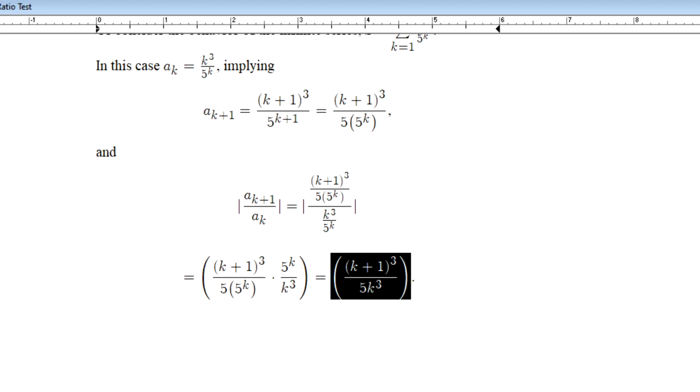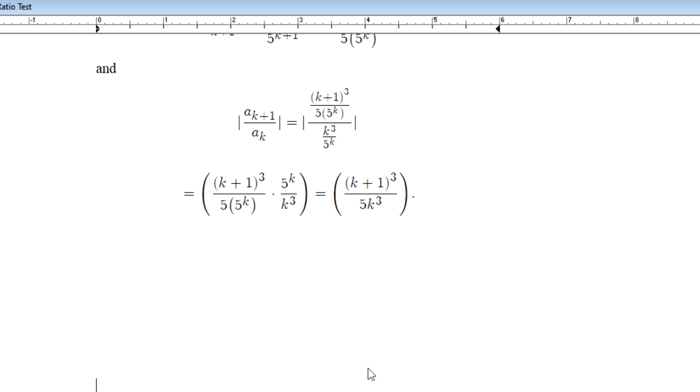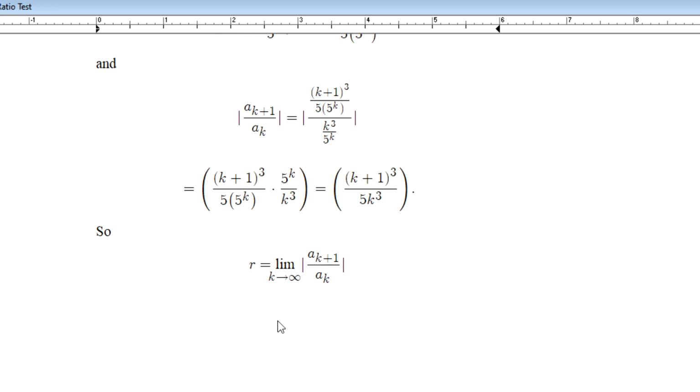So if we think about the limit being applied here, and we think about our value of little r, little r will just end up being the limit as k heads to infinity for this quantity, k plus 1 cubed divided by 5 times k cubed, which we notice, folks, is just the limit of this rational form.